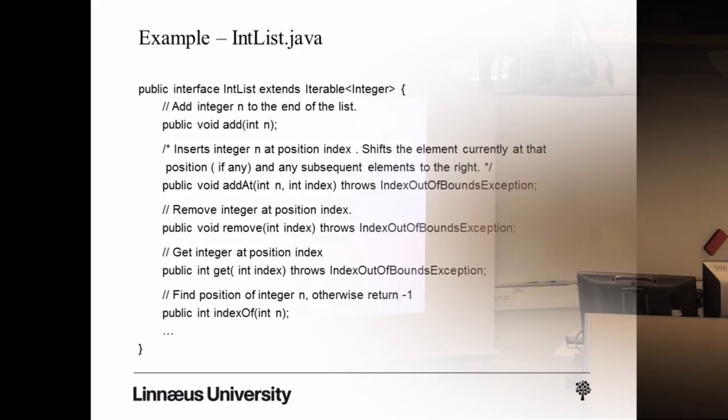Okay, just to look at an example, we have this IntList, as we saw in the earlier lecture about JUnit testing, an interface which extends the Iterable interface. We have already learned about Iterable in Java collections.